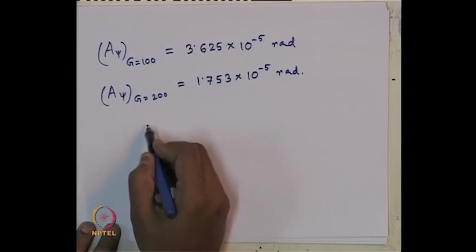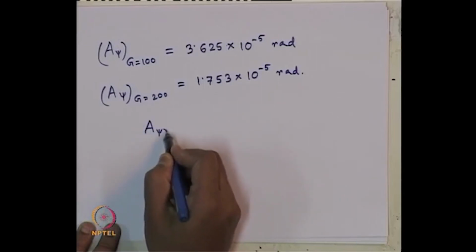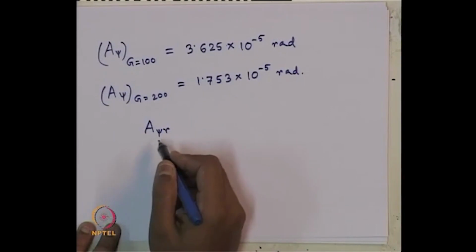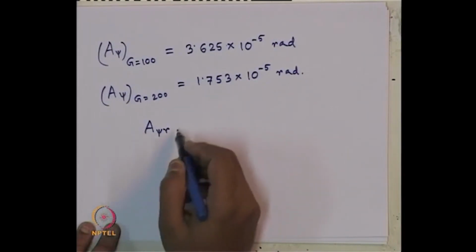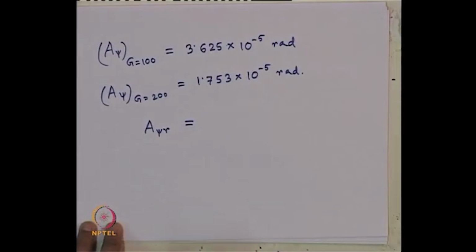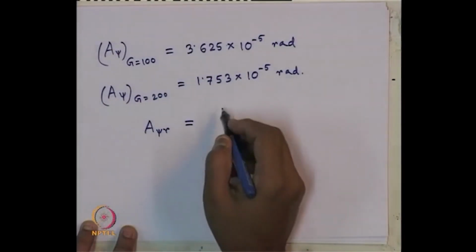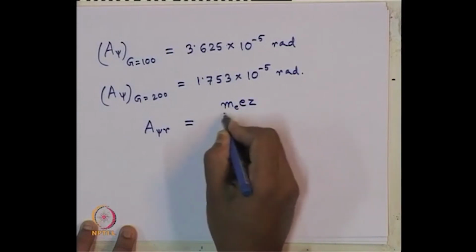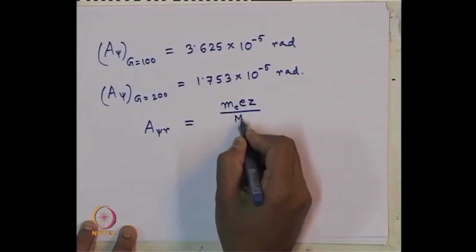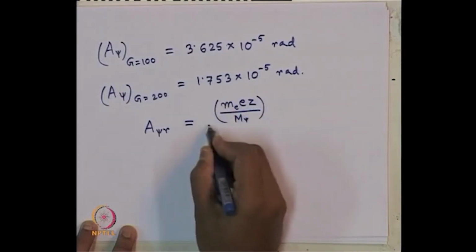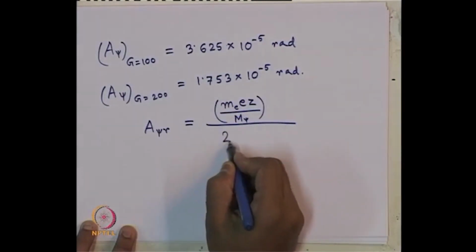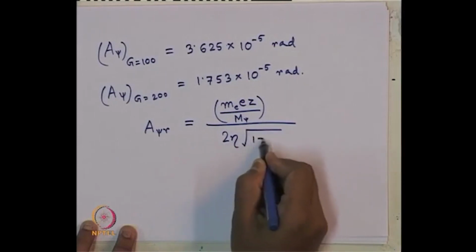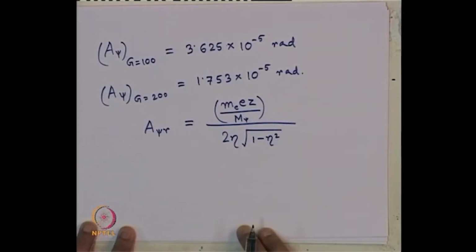Now, let us find out how much is A psi r, that is at resonance condition, how much is the rotational displacement amplitude, computed by using this expression m e e z by m psi divided by 2 eta root over 1 minus eta square. This is the expression, once again we are getting from the expression of DMF.